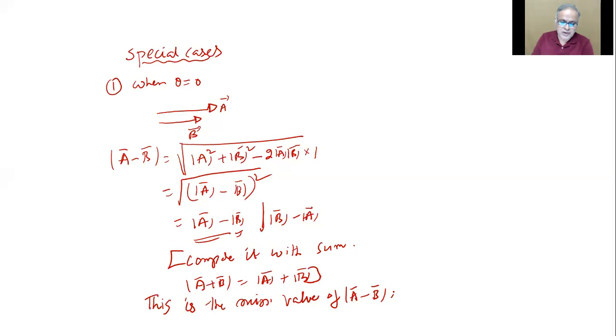And if you look at it geometrically, vector A is like this, vector B was like that.